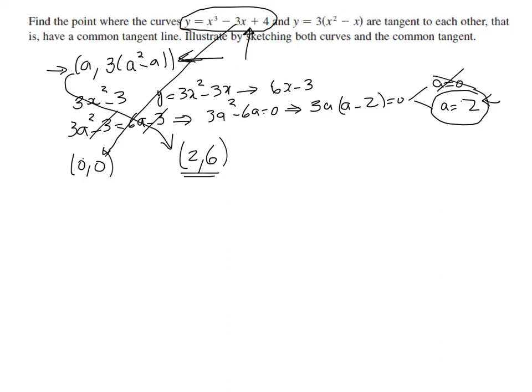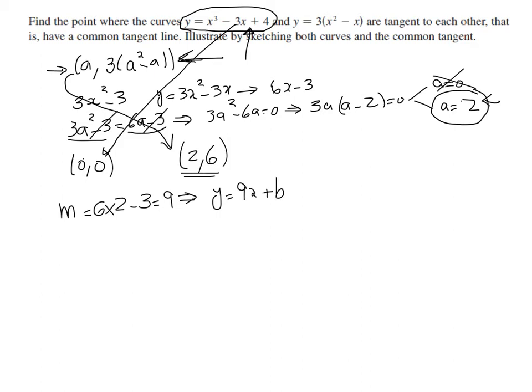So when a is equal to 2, my slope becomes either 3a squared minus 3, which is this one, or 6a minus 3. So I can find the slope using, let's say, the second one: 6 times 2 minus 3, which is 9. So my equation becomes y is equal to 9x plus b.